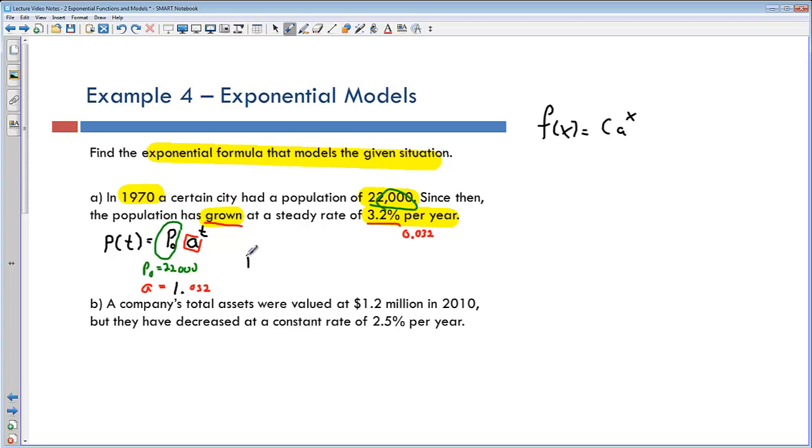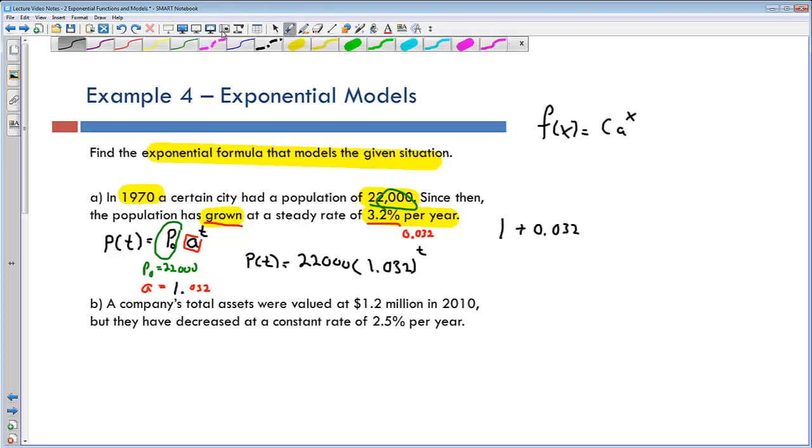So my formula for this one, P of t, is equal to 22,000 times 1.032 to the t. And again, the idea is you have this whole piece and you're basically just adding the percentage because you're growing 0.032.